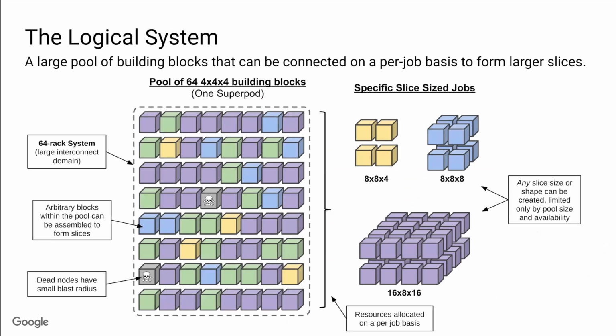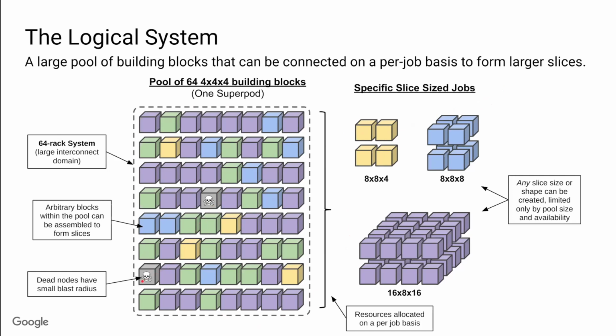One of the reasons for the optical switch is to deal with reliability at scale. You can make a system as reliable as you want, but you can never make it 100% reliable. There's always going to be things that are down. You get a bad DRAM, you get a bad HBM, you get a bad chip of one sort or another, a fan breaks. One of the reasons for having this optical build out is so that we can have this set of logical 4x4x4 cubes, and in this case, 2 of them are dead.